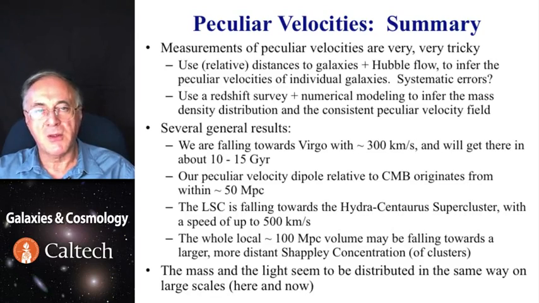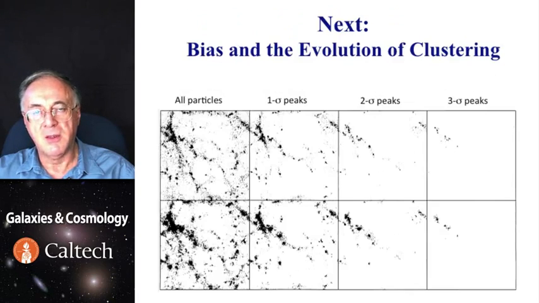And we know this because the pattern of peculiar velocities we see is exactly what we'd expect from the density field if the dark matter was associated with galaxies, if it was in the same general vicinity. Next time, we will talk about the phenomenon of biasing and how clustering is evolving in time.